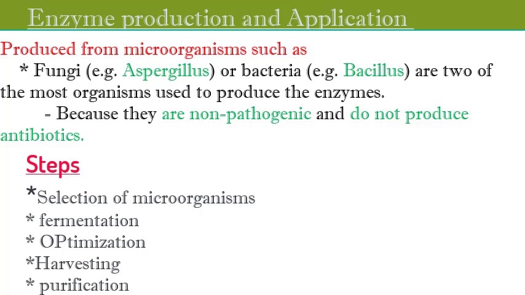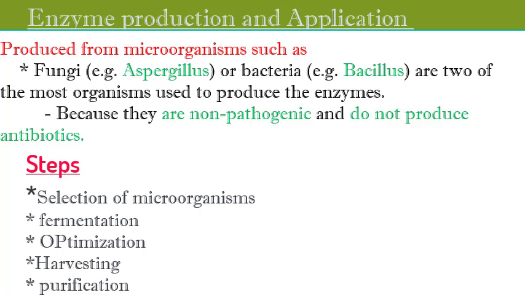The second step is fermentation. That means growing microorganisms in a controlled environment with nutrients like carbon and nitrogen sources. Third, optimization. We need to optimize parameters like pH, temperature, aeration, and agitation for maximum enzyme yield, because microorganisms in this instance require optimum or constant conditions.